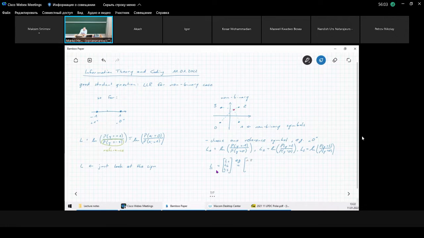And L2 is the probability that it is a 2 as compared to a 0. 2 is way more likely than 0, so it would be a larger value, like 5.3. And finally, the last one, the probability that symbol 3 was transmitted as compared to symbol 2, well, it's somewhere in between. So maybe like 2.3.